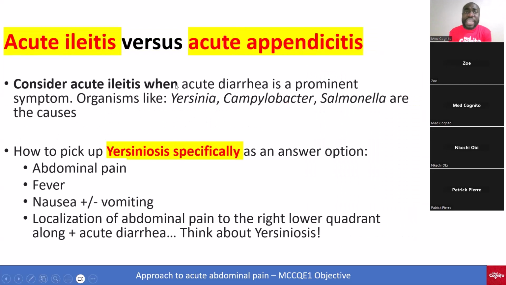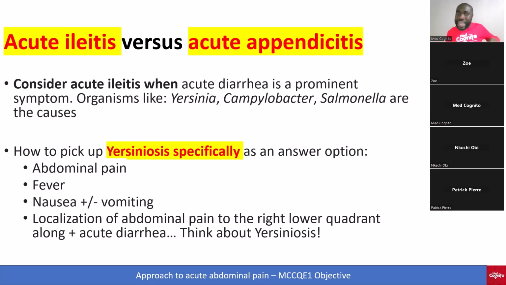Acute ileitis. If you see in your board exam, what are the differentials in acute appendicitis, acute ileitis? What in the question stem should point you to ileitis? Number one, when the patient presents with right lower quadrant pain plus diarrhea.